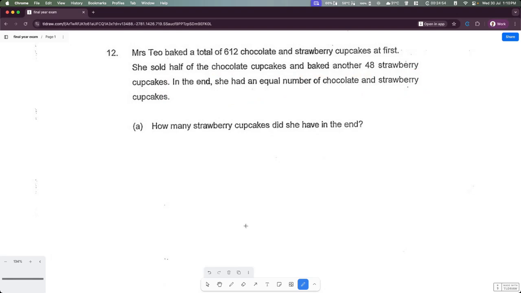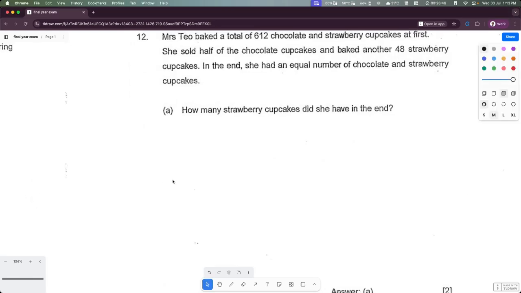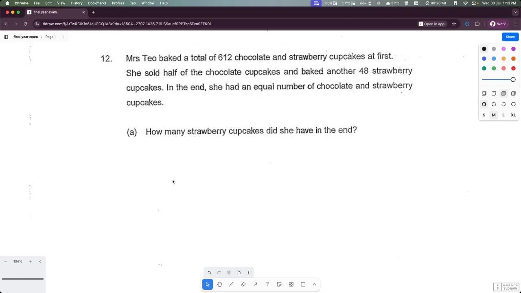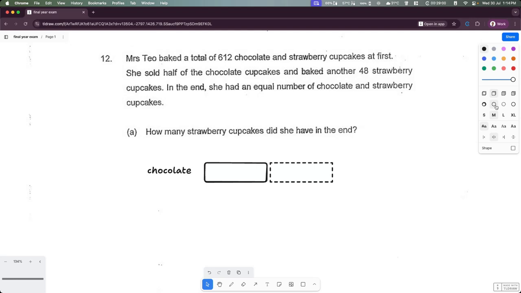So what we need to do is draw a model here. First, we're going to draw the chocolate. Chocolate, she had half like this, and then the other half is gone.